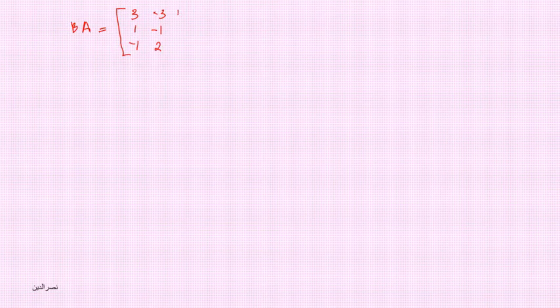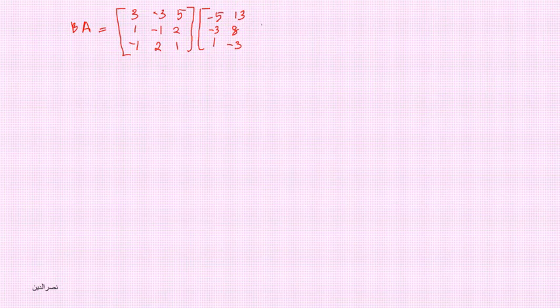So we have to multiply B times A. So we have the matrix 3, 1 and -1, then -3, -1 and 2, then 5, 2 and 1, multiplied with A. Here we have -5, -3 and 1, 13, 8 and -3, and the last column -1, -1 and 0.